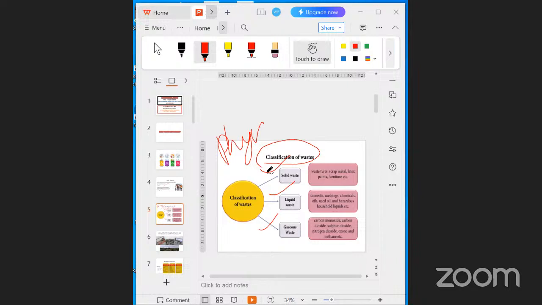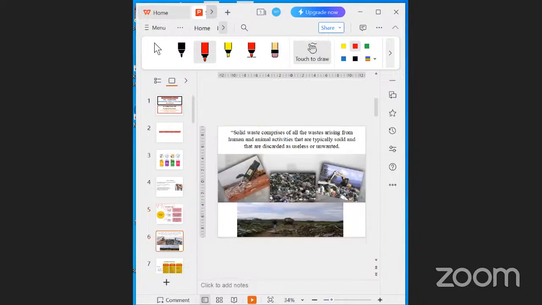Now, the first one is solid waste. Solid waste comprises all the waste arising from human and animal activities that is typically solid and discarded as useless or unwanted. Generally, solid wastes are the materials we throw away from our domestic use.